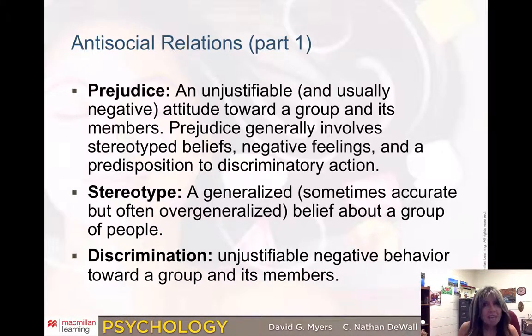Discrimination is a behavior. Okay, so if I give you an example and I say that Jose refused to sell his house or rent an apartment that he owned to a black couple because he only wanted Spanish people in his neighborhood, is that an example of prejudice, stereotype, or discrimination?